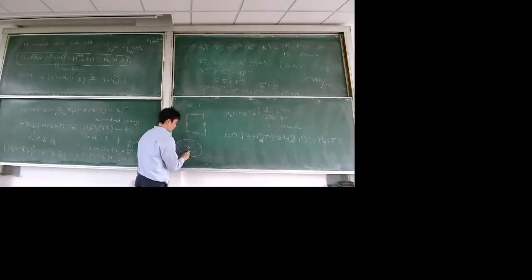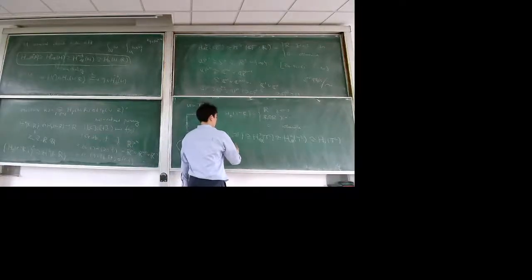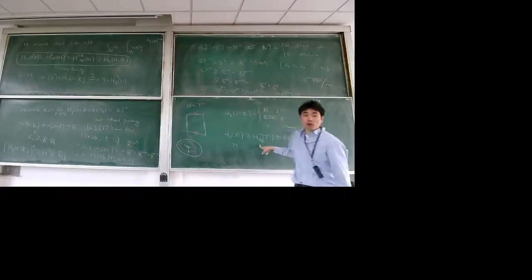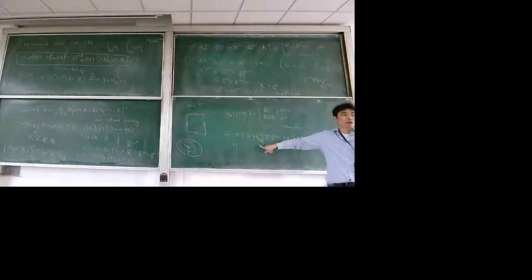Here H0 is generated by a point; the homology group is just the point. And this one, the top de Rham cohomology, is generated by what? The second top cohomology of T2.